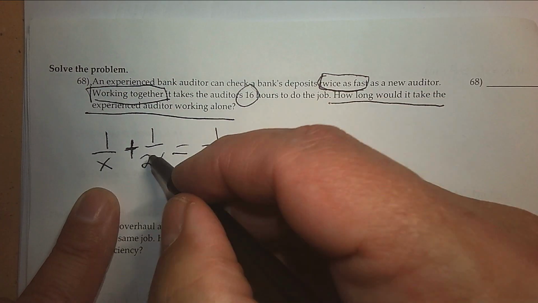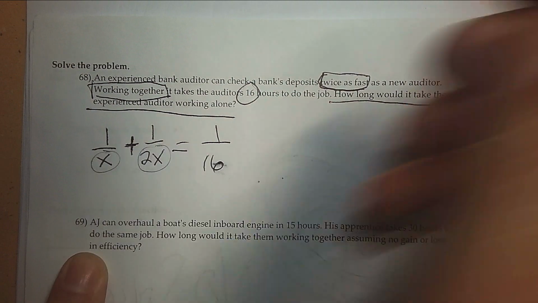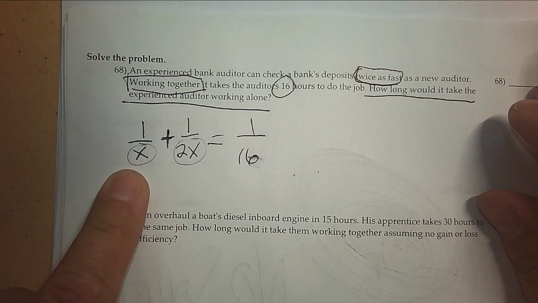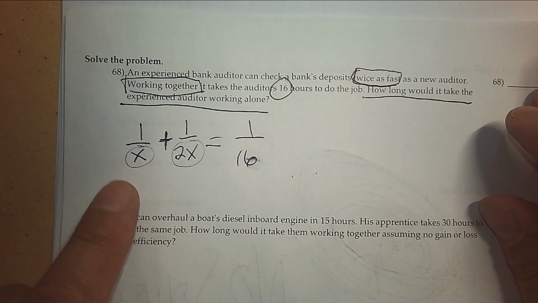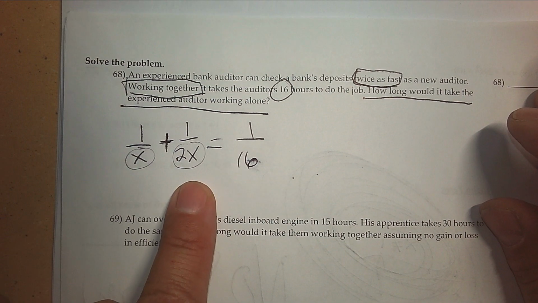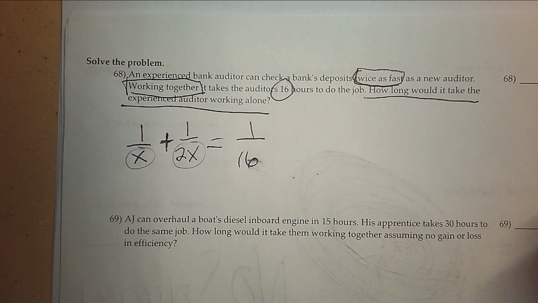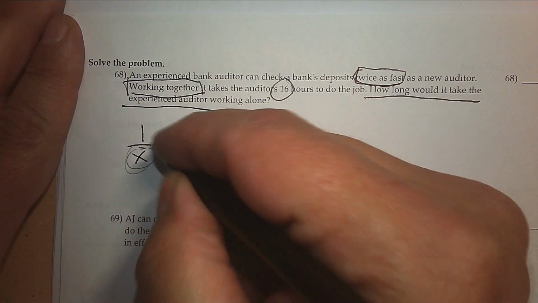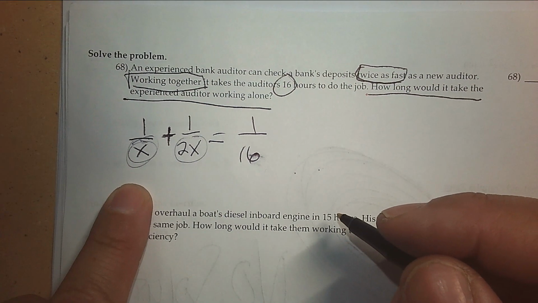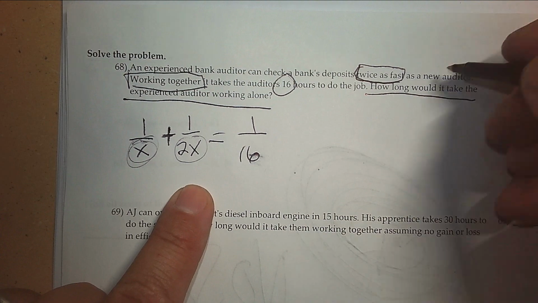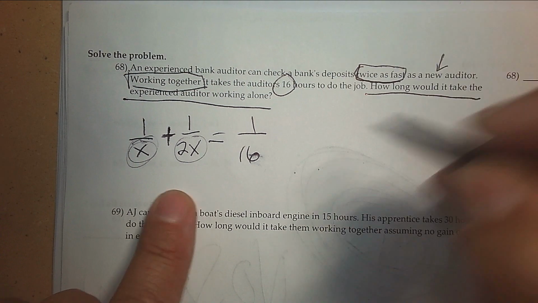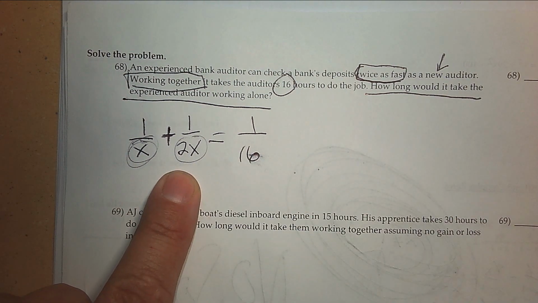See, the denominator tells you how long it would take, right? And if the experienced one takes X, then the new one must take twice as long. Do you see how I flipped that around in the story? So X is the experienced, 2X is the new auditor because it takes twice as long.